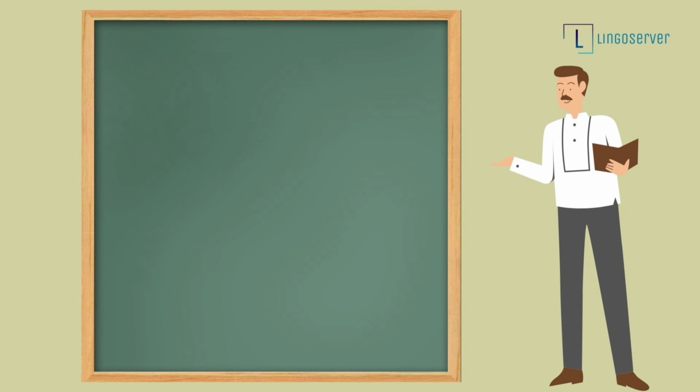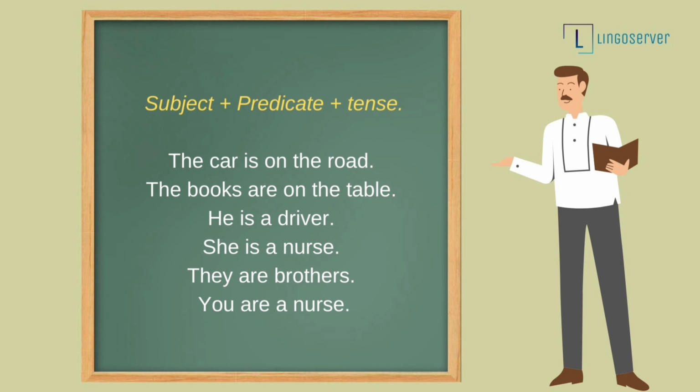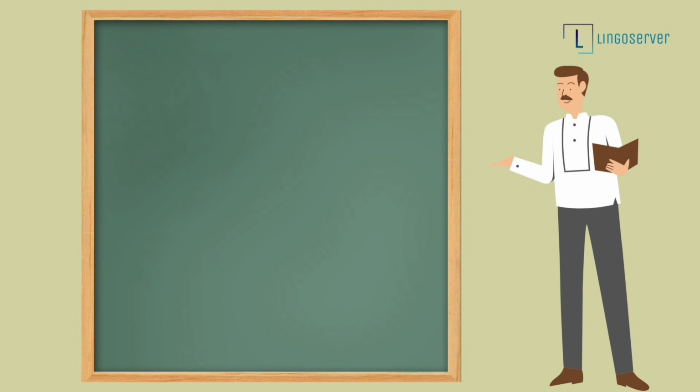The car is on the road. The books are on the table. He is a driver. She is a nurse. They are brothers. You are a nurse.